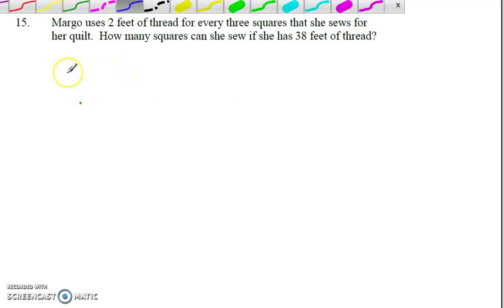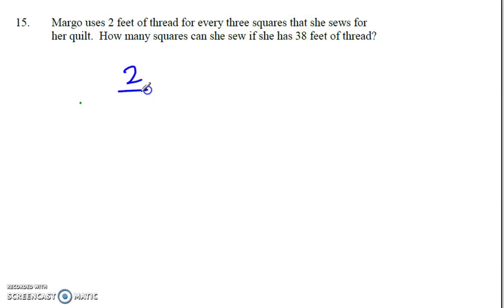So Margot uses 2 feet of thread for every 3 squares. How many squares can she sew if she has 38 feet? So 2 feet for 3 squares and 38 feet. So the feet are on top. You need to keep same on the same side of the fraction. 38 feet for how many squares?